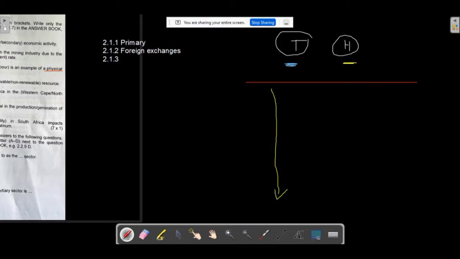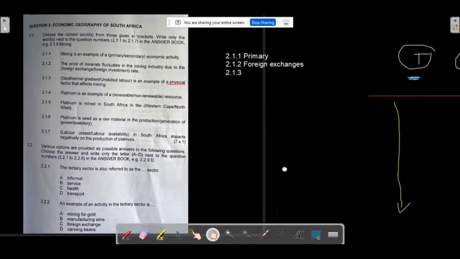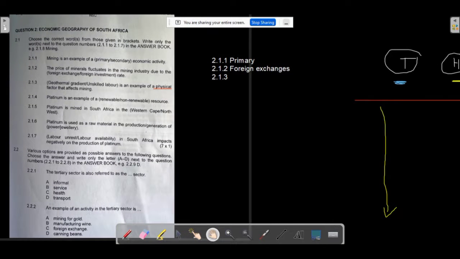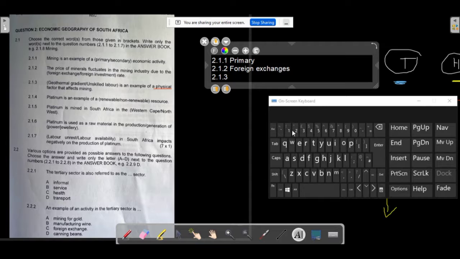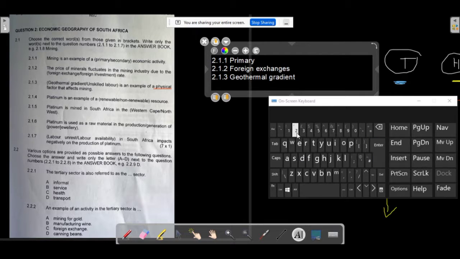The temperature goes up. So the deeper you go, the temperature is increasing, which makes it difficult for miners to work in these environments, especially when it is hot. That's a huge problem for these mining companies. So that is the physical factor that affects mining, the geothermal gradient.